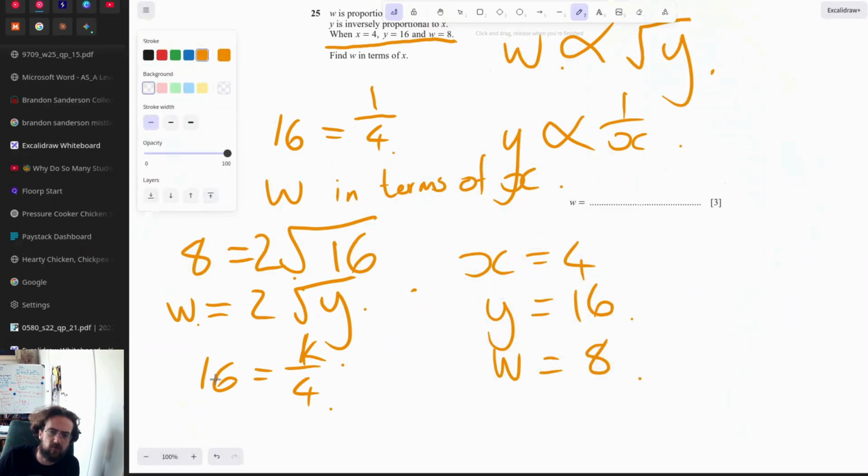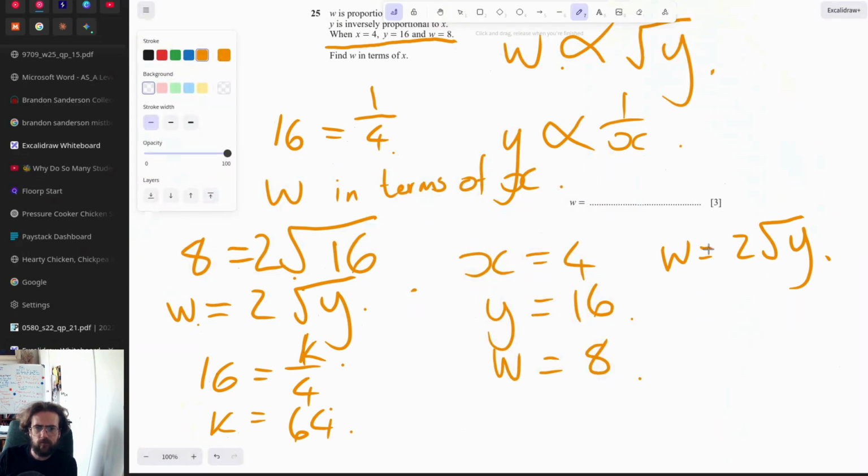This right hand side. 64. Okay. So then can I say that w is equal to 2 square root y, and y is equal to 64 over x.